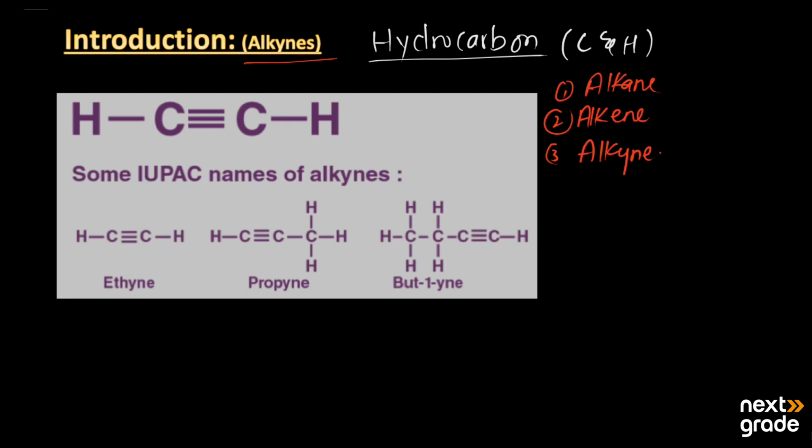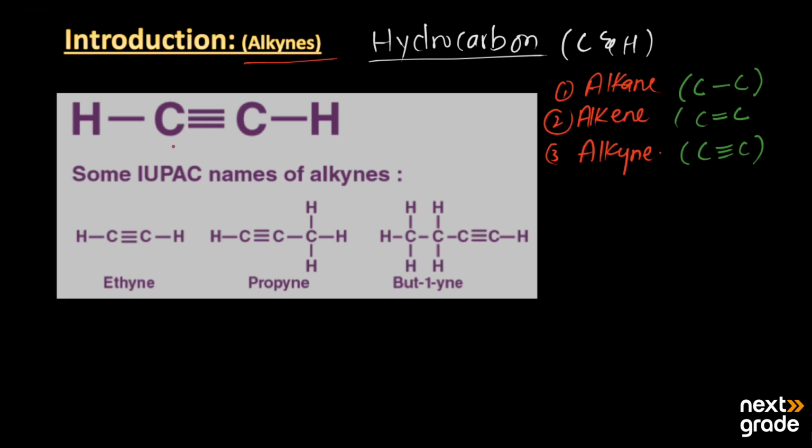So, just a review from the previous one: the alkanes have a single bond between two carbon atoms. Alkenes contain a double bond between two carbon atoms, and the alkynes contain a triple bond between two carbon atoms. So here we have alkynes.